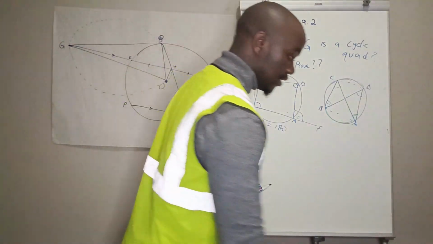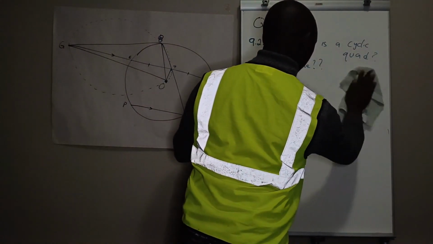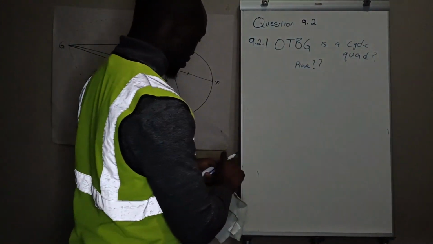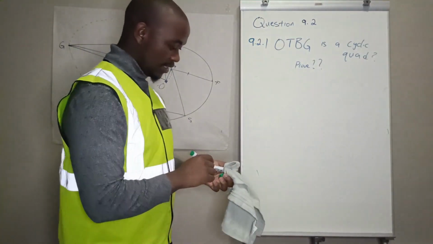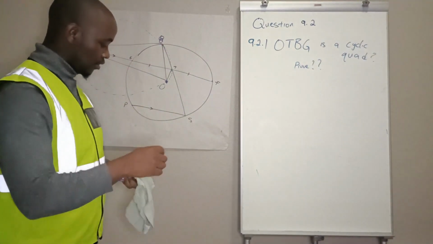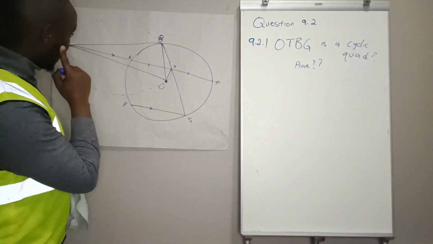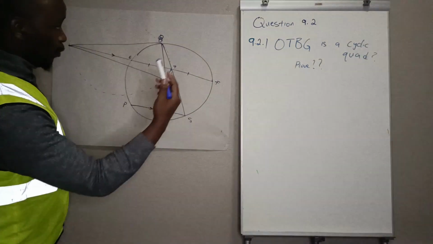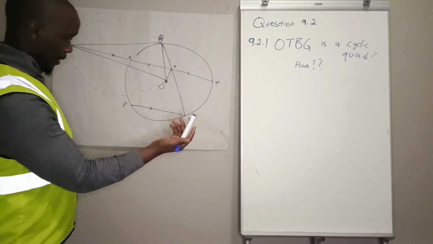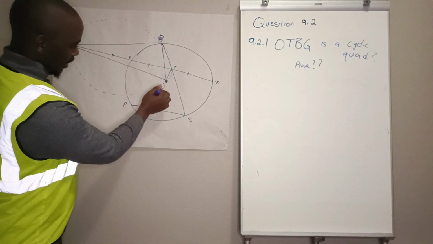So I'm going to erase this. So keep note of what I've just explained to you. To prove that OTBG is a cyclic quad, we could go with the theorem that says the opposite angles need to sum up to 180.